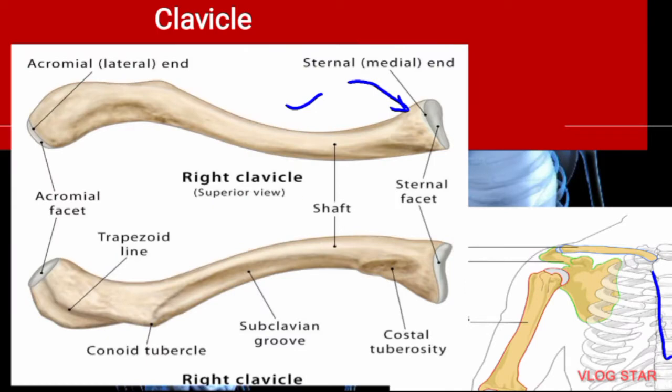These are very important points. And it is the only long bone in the body lying horizontal. This is noted in long bones, but this is the one and only long bone which lies horizontally in the body. This point is also to be noted.